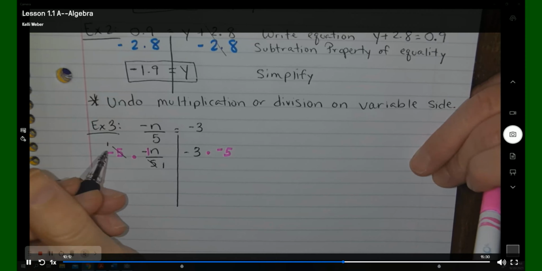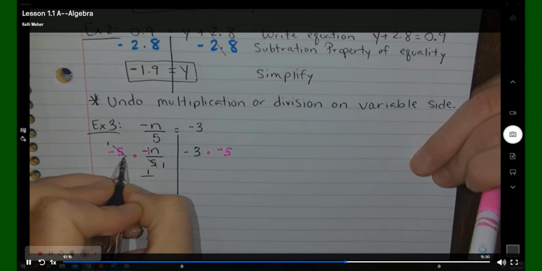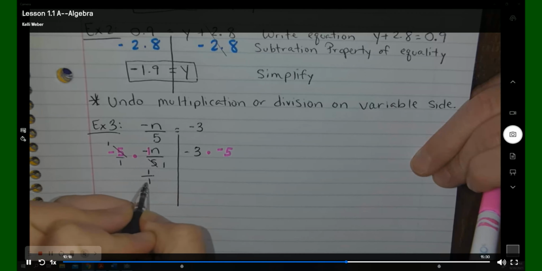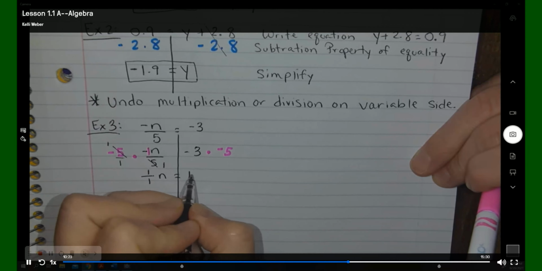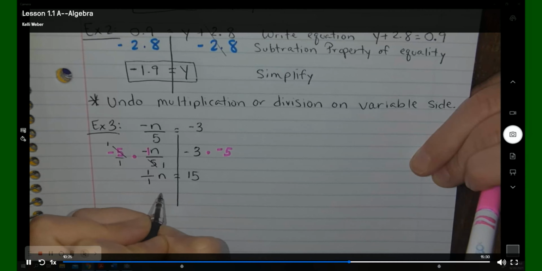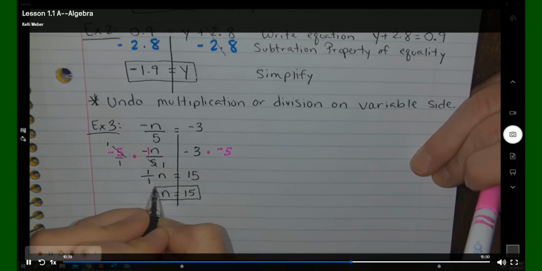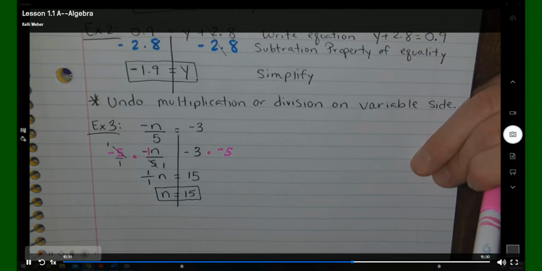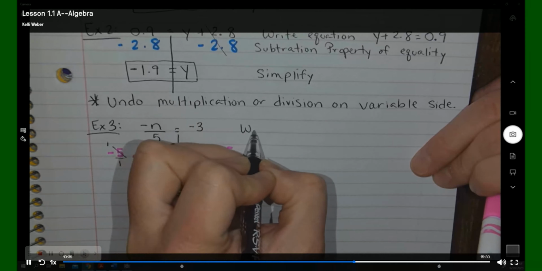So -1 times -1 is 1. And if we made this a fraction, 1 times 1 is 1n. And then -3 times -5 is +15. So n equals 15. Again, if we're justifying this, we're going to write the equation.